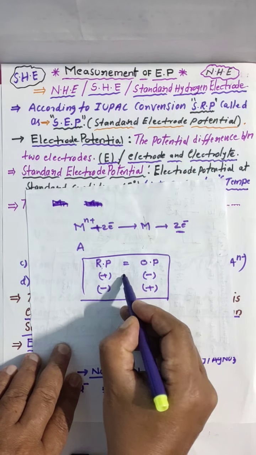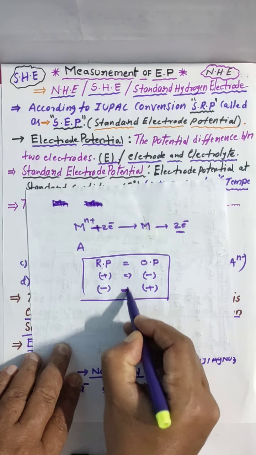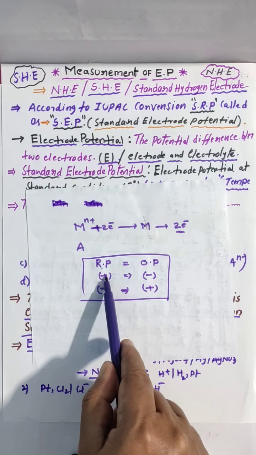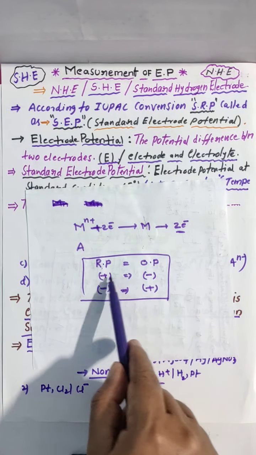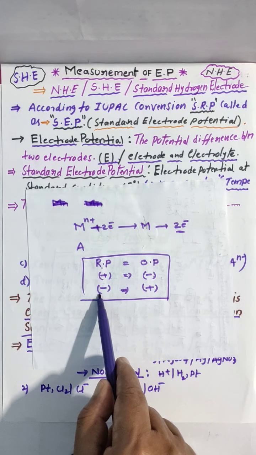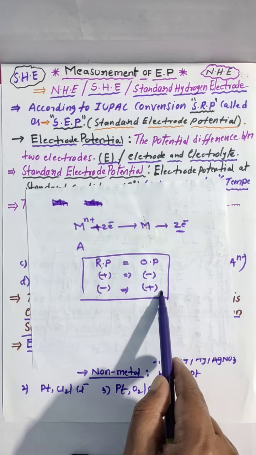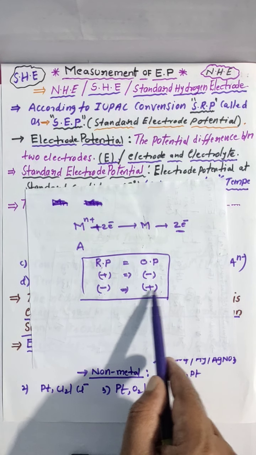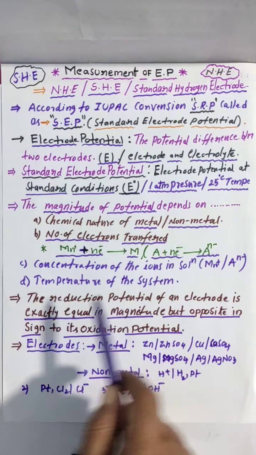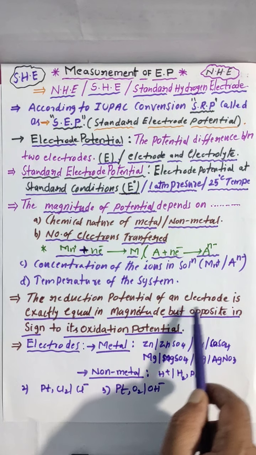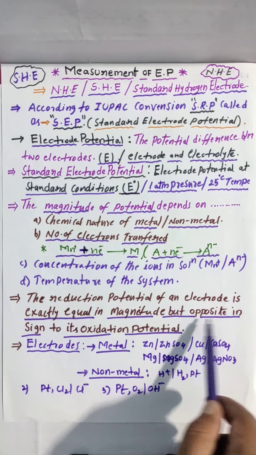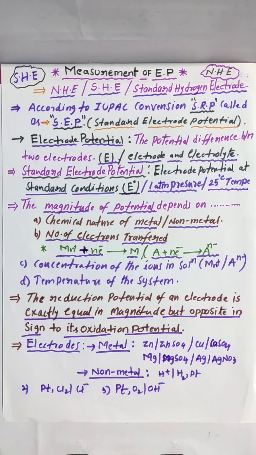This will be useful in solving numericals. If the reduction potential is given and you want to calculate the oxidation potential, take the same magnitude but the opposite sign. This you have to remember.